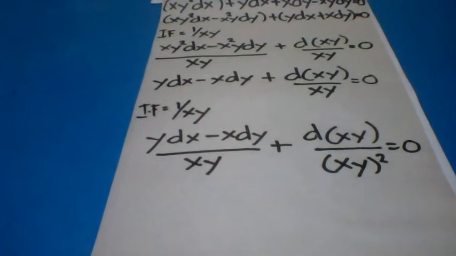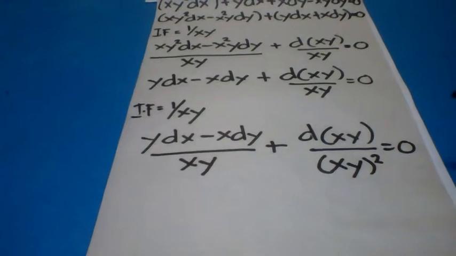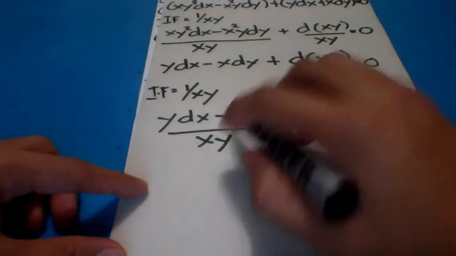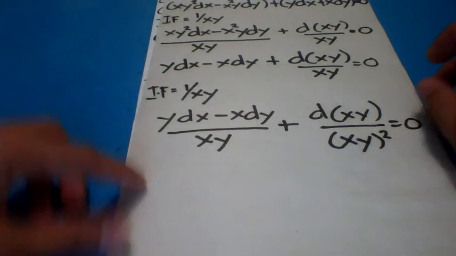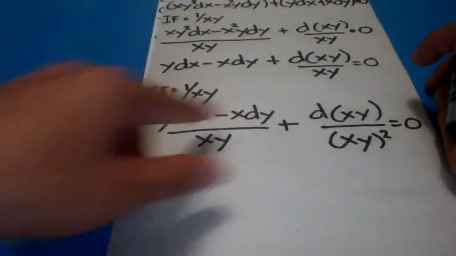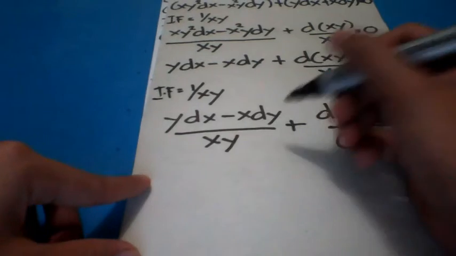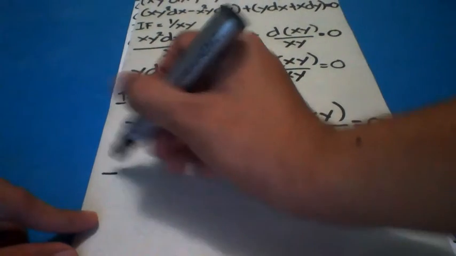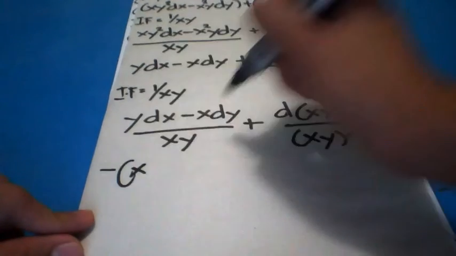So I'm going to put the negative sign of x in the outside. So here, negative x dy.